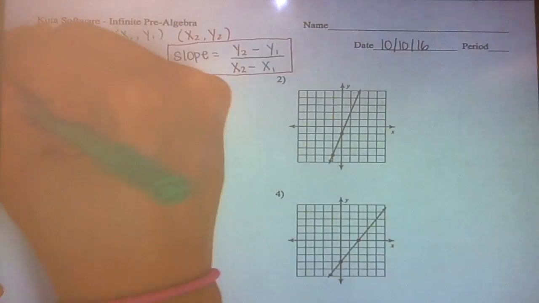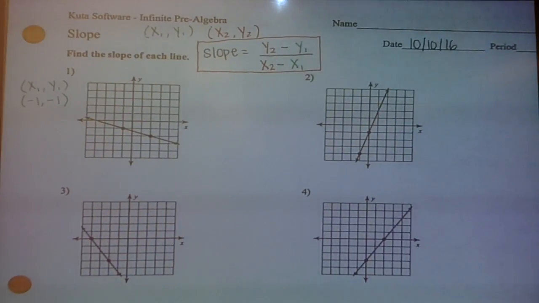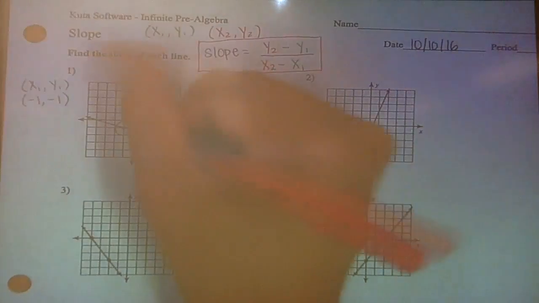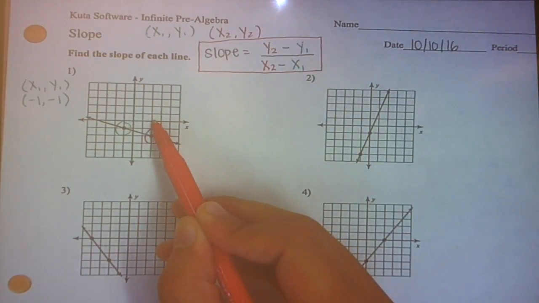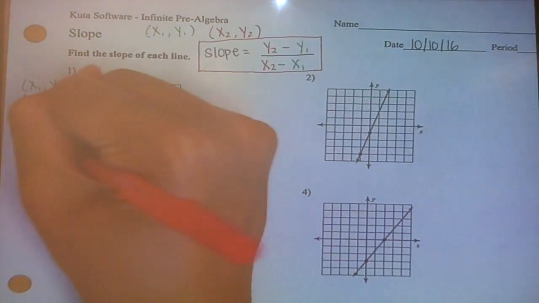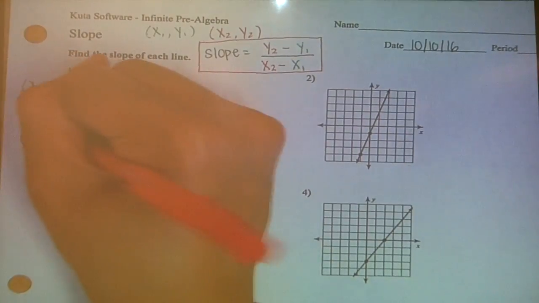So this is x1, y1. That's this point here. Then I have my second point. I see is 1, 2, that's +2, and -1, -2. So that's +2, -2. And that's x2 and y2.